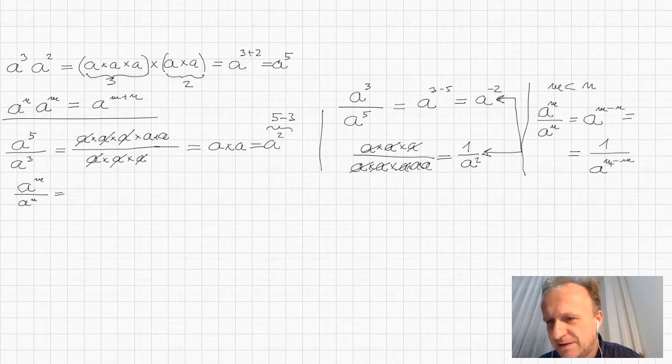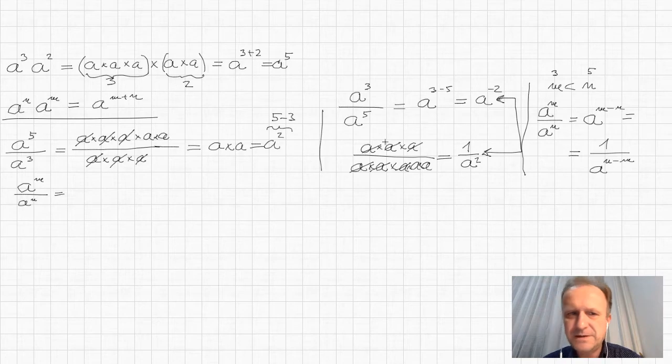This time n is the greater integer minus the smaller integer, so you get a positive integer in the exponent in the denominator. So in our case, if m is 3 and n is 5, what you get here is 5 minus 3, which is 2.